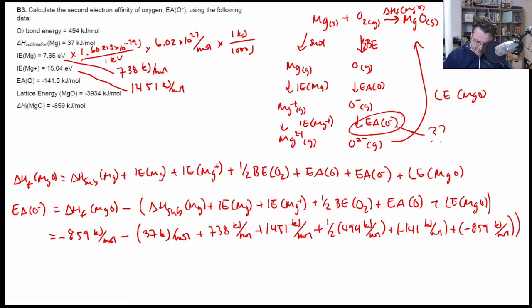Now we just need to plug and chug: negative 859 minus negative 37 plus 738 plus 1451 plus half of 494 plus negative 141 plus negative 859 gives us negative 2,000.